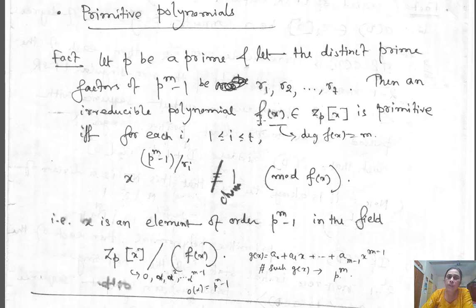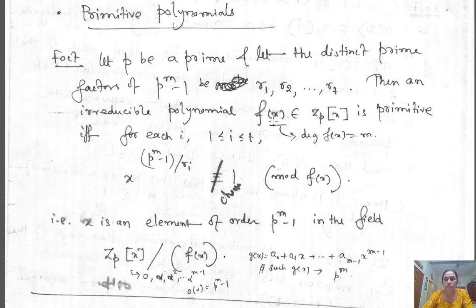If you take any irreducible polynomial, irreducible means that it cannot be factored. I hadn't mentioned that. So 1 and f(x) are the only factors.